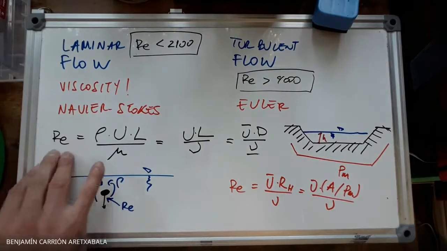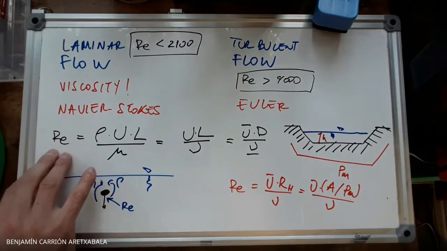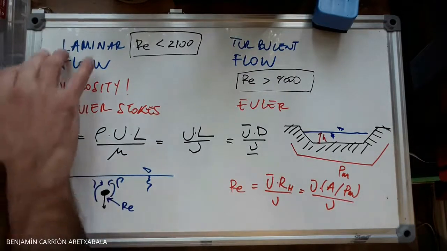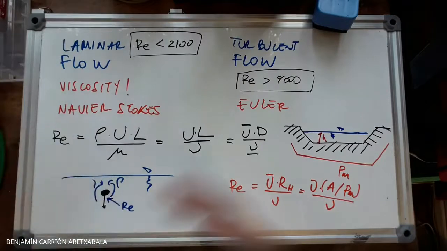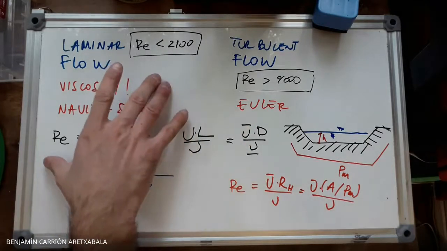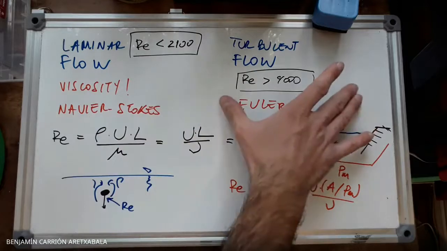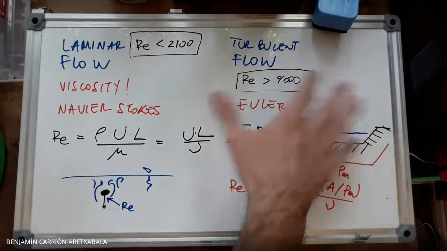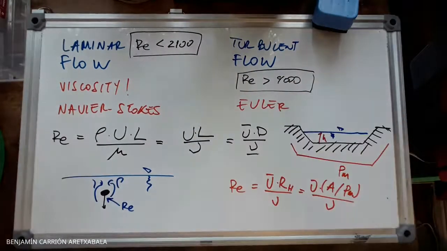And as with the Reynolds number, we're going to see later on that there are other dimensionless numbers that let us differentiate flow. In this case, we want to differentiate between laminar, where viscosity matters, and turbulent, where viscosity is not really important. Any other questions?